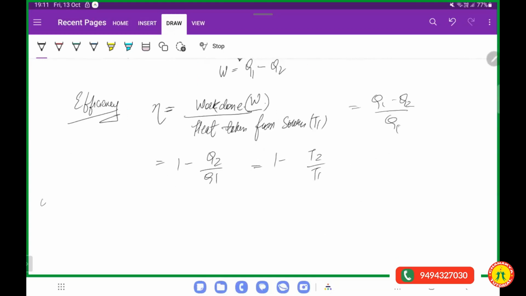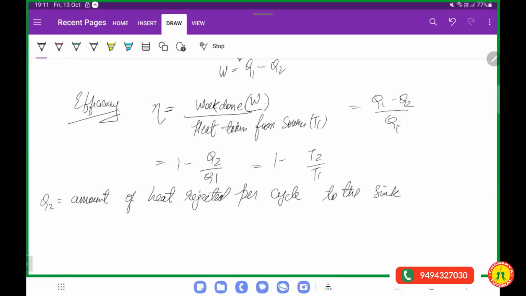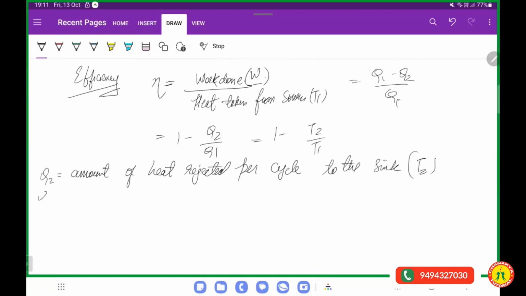So Q2 is the amount of heat rejected per cycle to the sink T2. Same way, Q1 is the amount of heat absorbed per cycle from source T1.